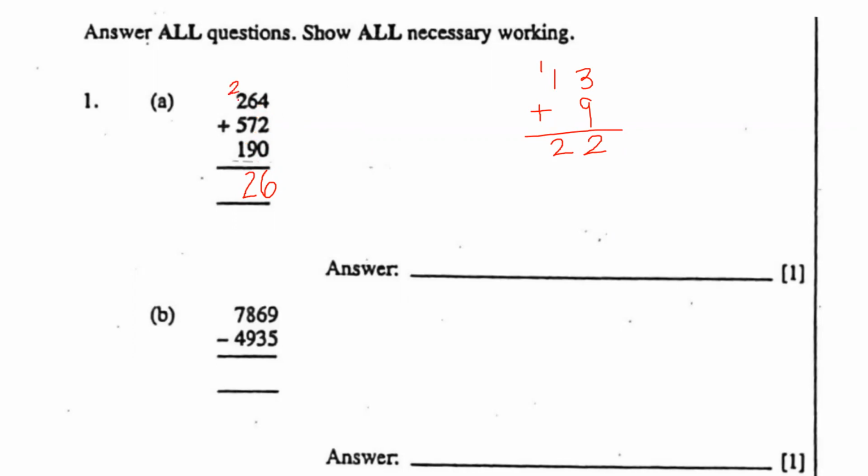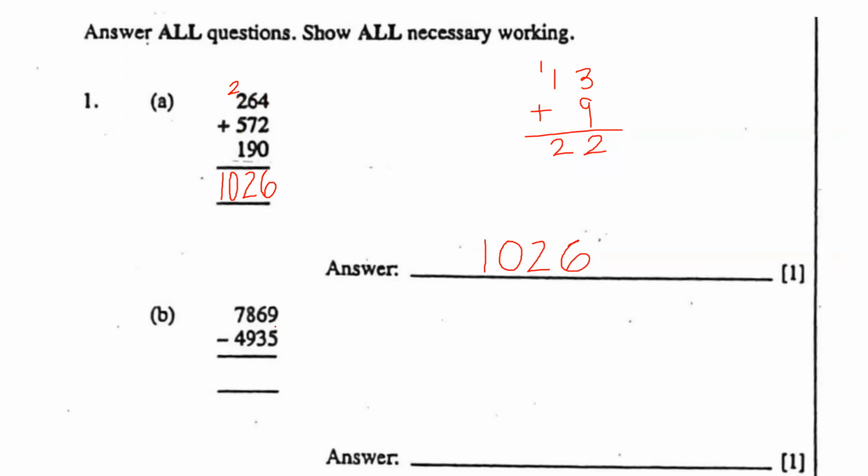Now, what is 2 plus 2? 2 plus 2 is 4, 4 plus 5 is 9, and 9 plus 1 is 10. So the answer for this addition problem is 1,026. We do it column by column: the ones column, then the tens column, then the hundreds column.